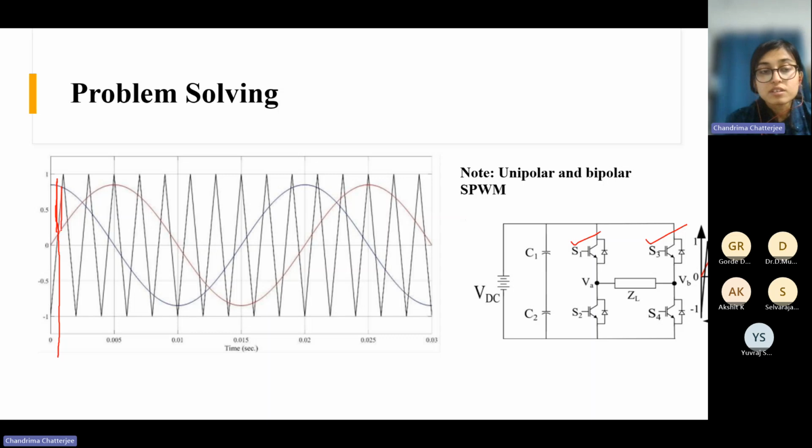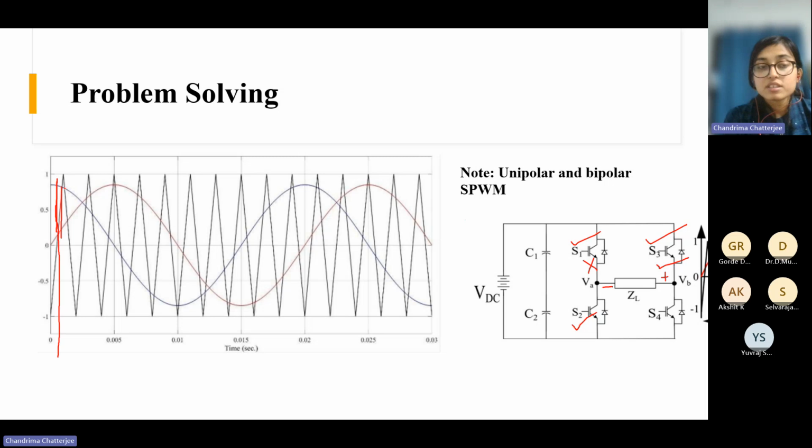The red one is lower than the carrier signal, but the blue one is higher than the carrier signal. So now only S3 will be on, but S1 will not be on. It will be off, right? Then S2 will be on obviously because they are complementary. Now you see the voltage across the load will be minus VDC, right? Because the polarity will be like this. So it will be minus VDC, okay?